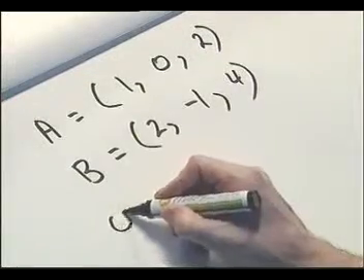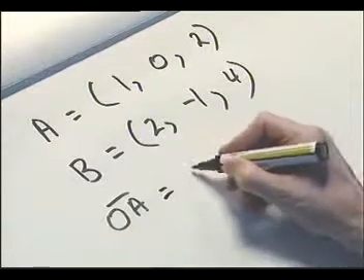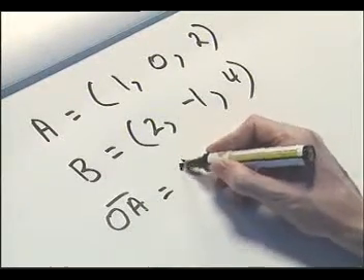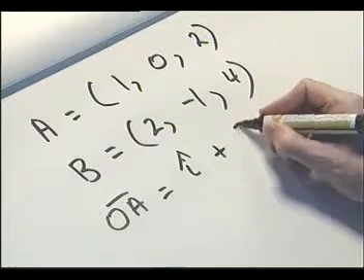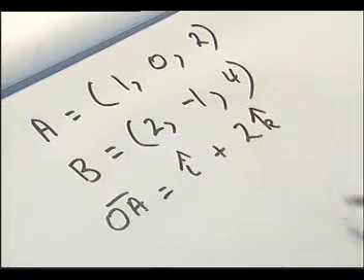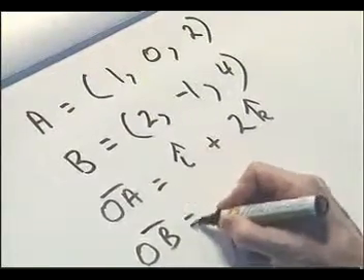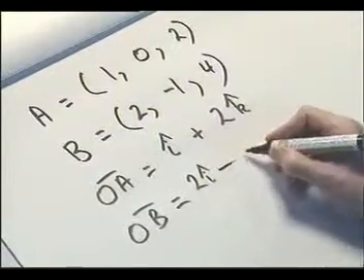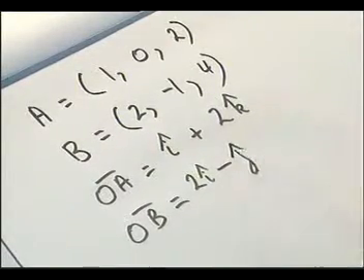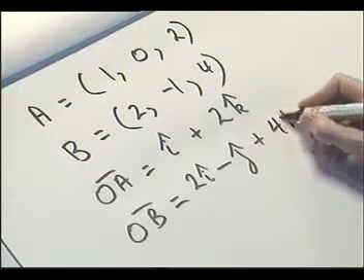Well, let's just have a look at this. Let's remember that OA bar is i, no j's, and 2 k's. That OB bar will be 2i minus 1j plus 4k.